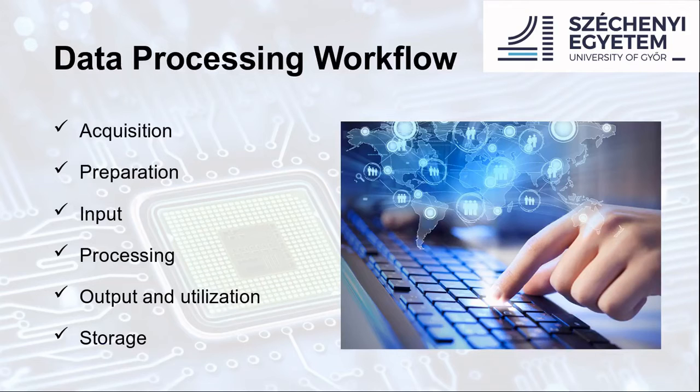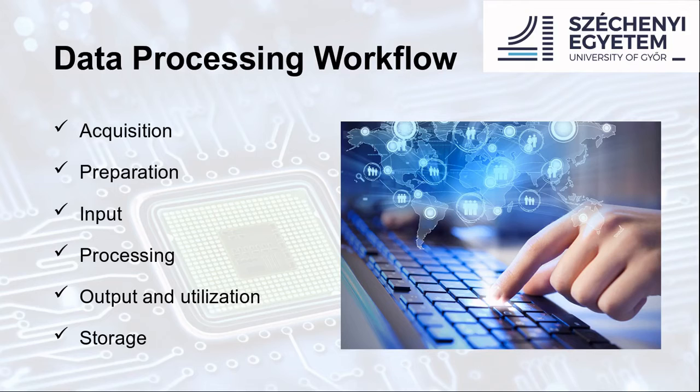In order to process data, we need to follow a workflow which consists of the following steps. Our first step is the acquisition, where we gain the needed data. Next step is the preparation, which is a process that prepares data for digitalization.